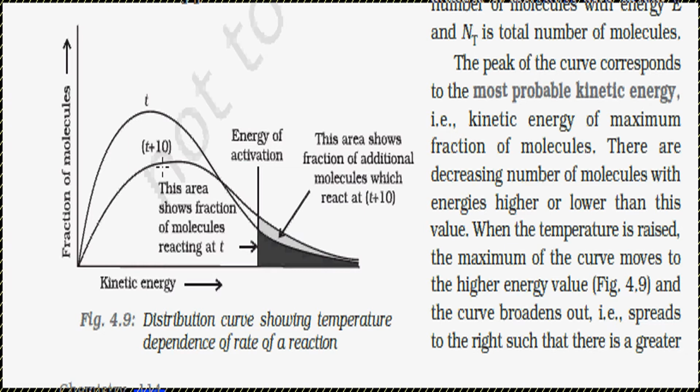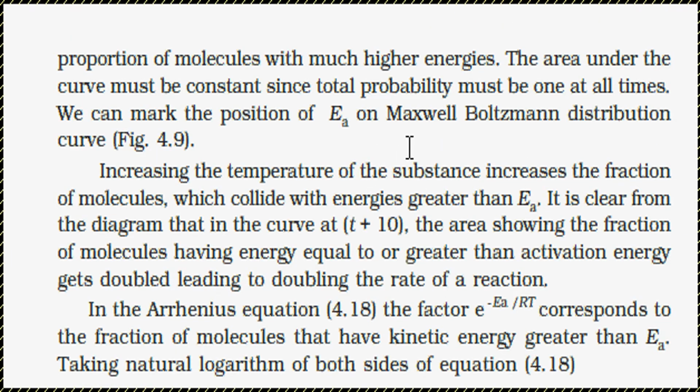As a result, the curve broadens out, that is, spreads to the right side, such that there is a greater portion of molecules with higher energies. So here you can see this area shows the fraction of additional molecules which react at T plus 10. So this curve is known as the Maxwell-Boltzmann distribution curve.